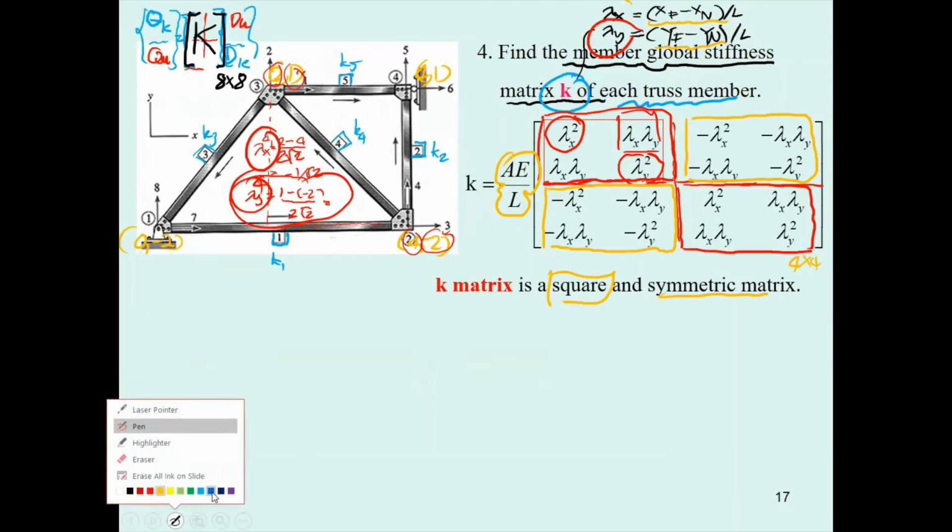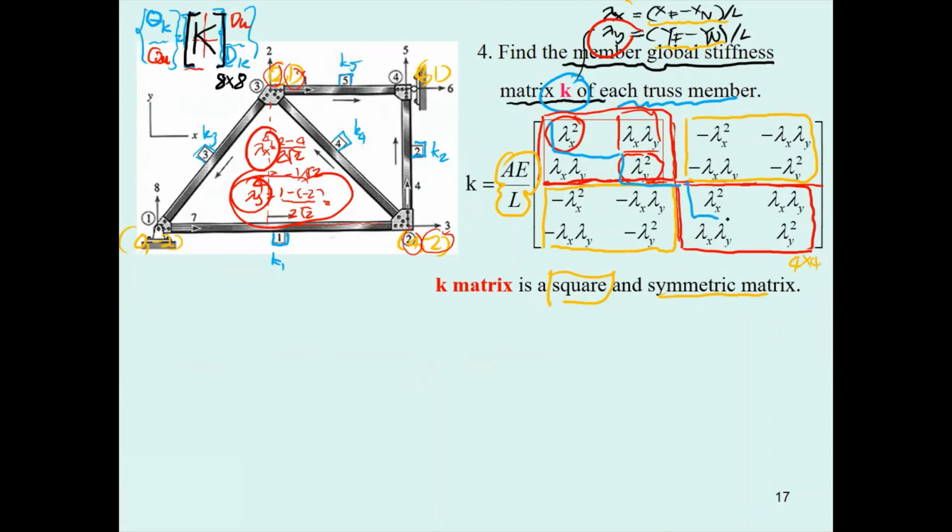Okay, and this matrix is a square matrix. It's going to be a 4 by 4 matrix, and it's a symmetric matrix. What it means is, following what I just lectured, the matrix must be symmetric.